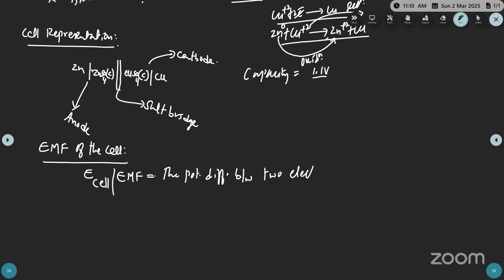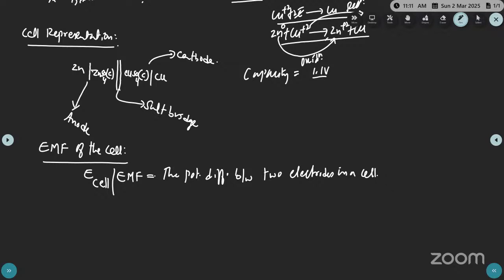The potential difference between two electrodes in a cell is known as EMF or E cell. Here we have to take the potential difference between the electrodes, that is the potential of the cell or EMF of the cell.